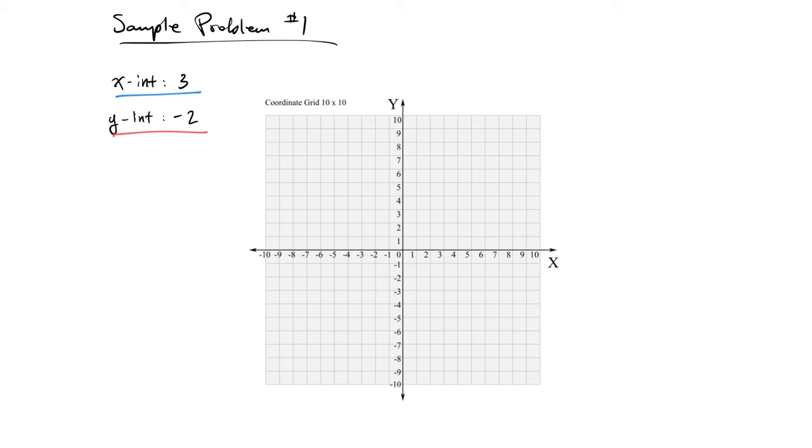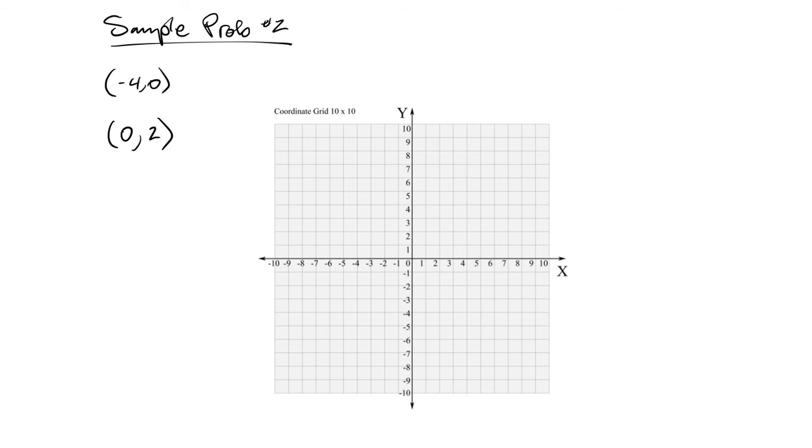So quite simply, I'm going to go over 3 along the x-axis to find my x-intercept, and I'm going to go down 2 along the y-axis to find my y-intercept, and I'm going to graph this line. Oop, that's not what I wanted to do at all. How do you draw a straight line here? Let's just do this. Does that work? Yep, there's my line. And then put the little arrows to show that we know it goes forever.